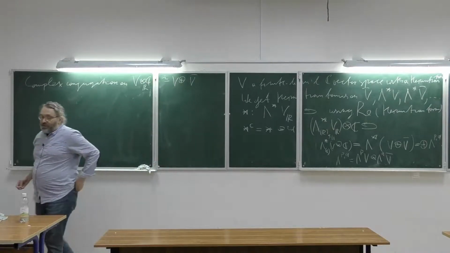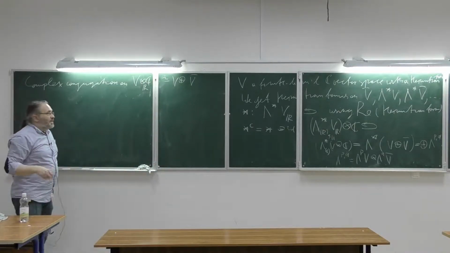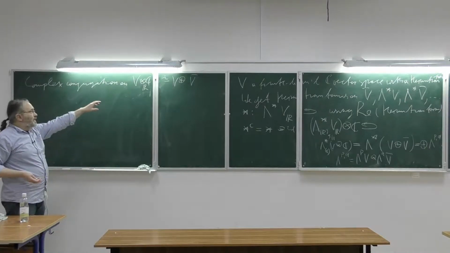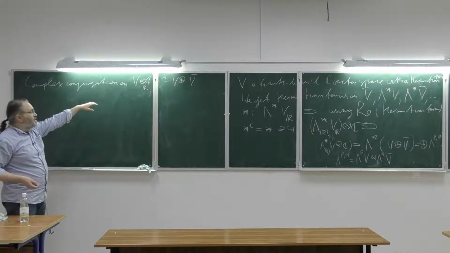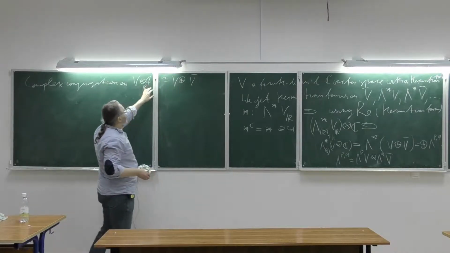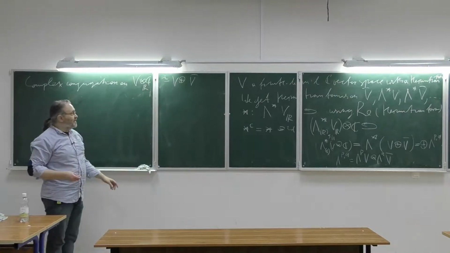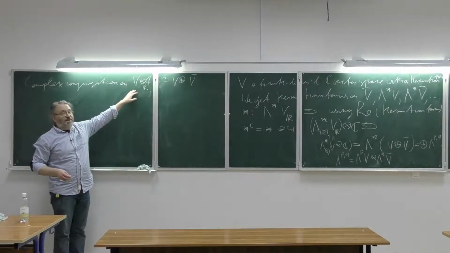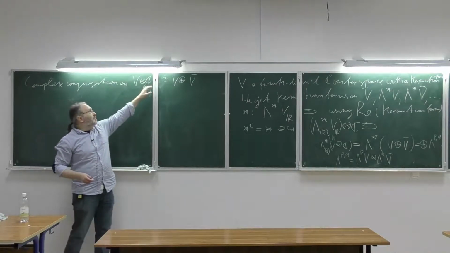Well, first of all, let's try to understand how the complex conjugation acts on V tensor C. Well, this is a complex vector space, and why?